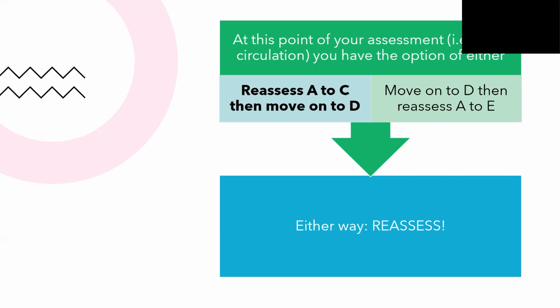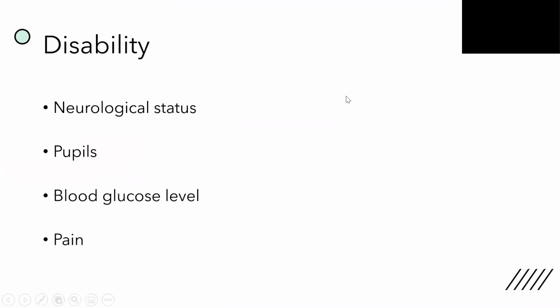So what I do in an exam situation, just because I don't want to forget all the management, and it also gives me some time to think and revise what I've done, I would normally stop at this stage and reassess A, B, C before moving on to D and E. But it's up to you. Again, do what you're comfortable with, but make sure that you reassess either way.